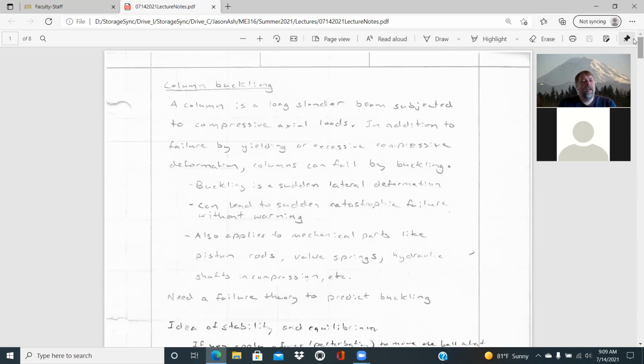There are quite a few examples of that. I know for the 9/11 towers in New York, buckling is what they indicated was the ultimate cause of the collapse of those buildings. There were a couple of different factors.